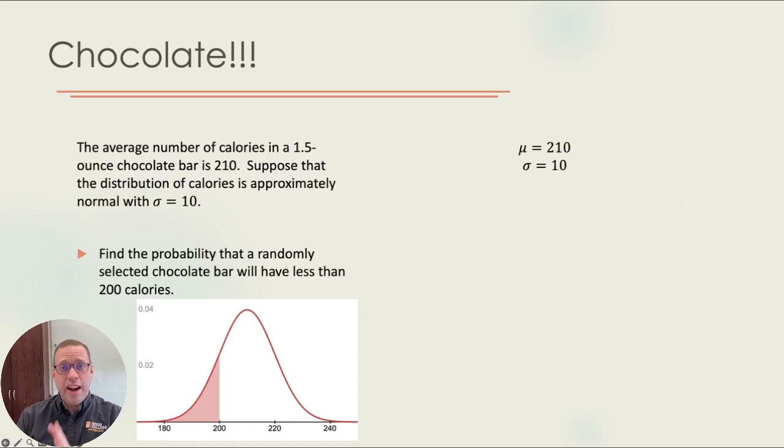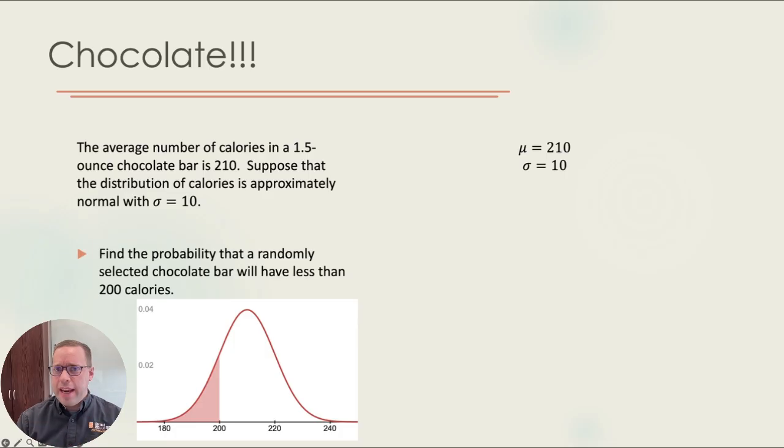So we shaded the area less than 200. Again, I'm going to emphasize this one more time. Area is equal to probability. So we shaded the area less than 200. That means we want the probability less than 200. All right, so let's pursue this.